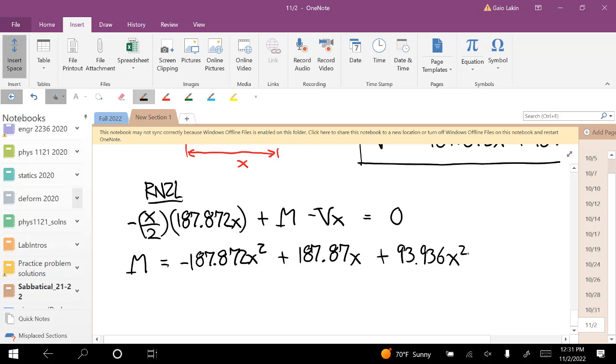So you can combine the like terms and you get m is equal to negative 93.936x squared plus 187.87x.